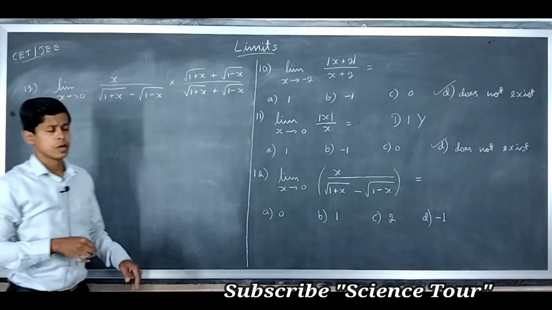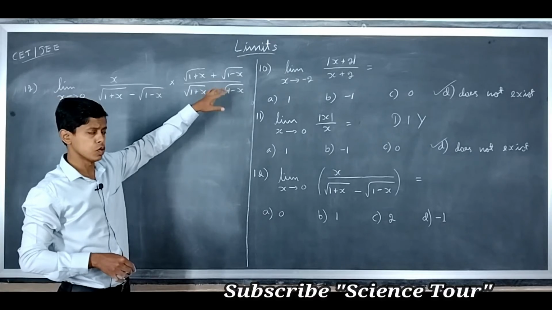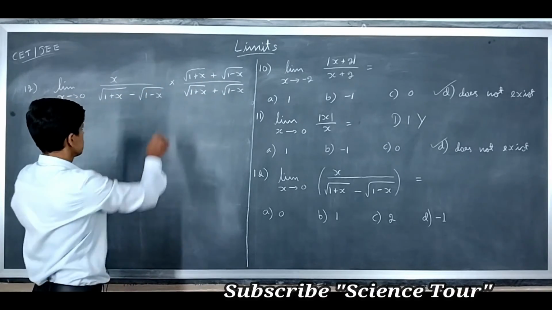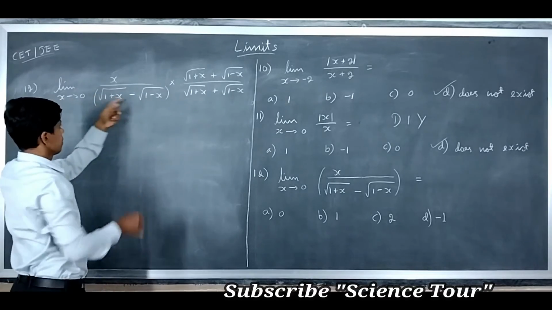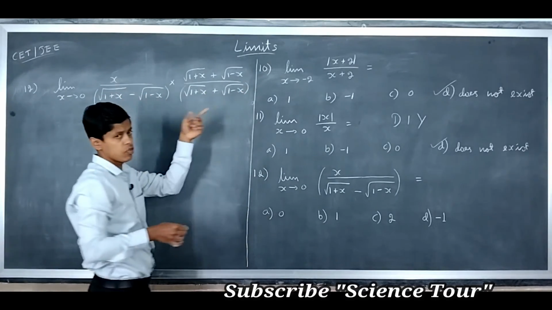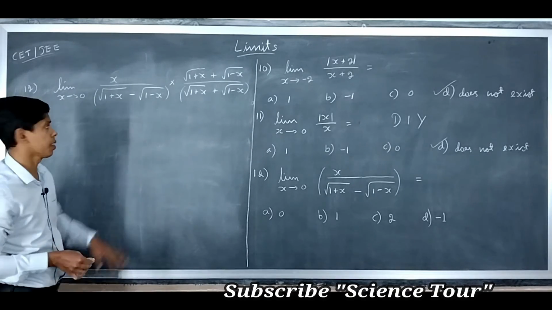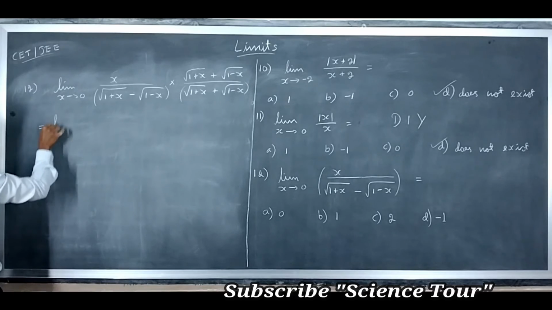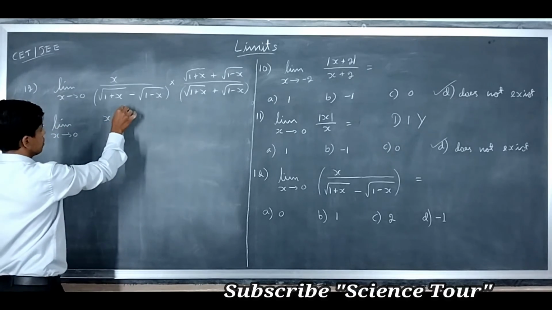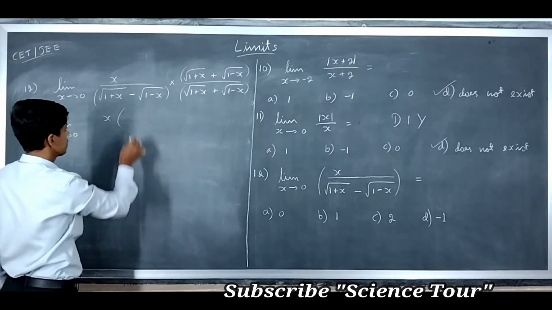If you have minus here, then you will have plus over here. You know that rationalization method, correct? Now say this is a minus b and this is a plus b. Therefore, in the denominator you will have a square minus b square kind of thing. Numerator, you hardly can do anything, so leave it that way.